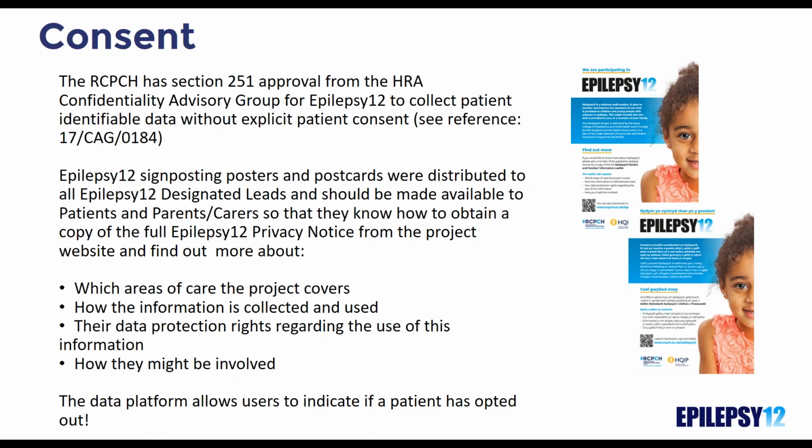It's good practice to inform patients that their data is being put into the platform, but they don't need to give explicit consent. We've supplied posters to teams to display, so if EEG services are registering or trusts or health boards are registering, then pop the posters up and give people the opportunity to know that their data has been entered into the system.